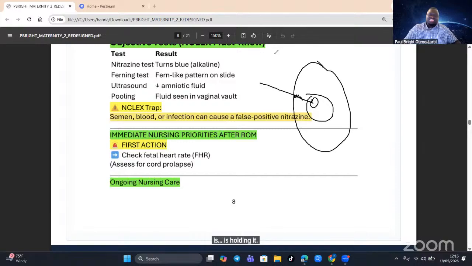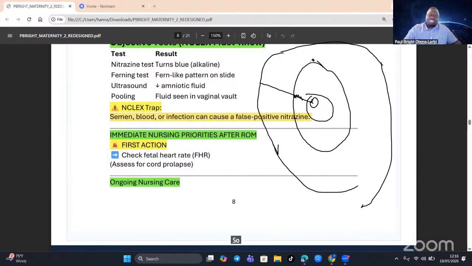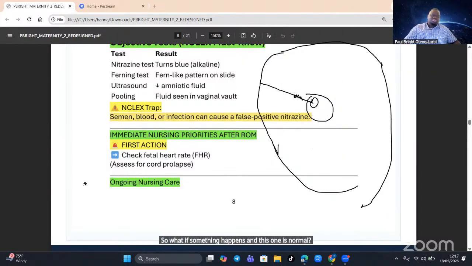Okay. Then this is the uterus. So what if something happens and this one is no more? You are going to get a long cord that will be what? Swinging inside the uterus. Can prolapse.